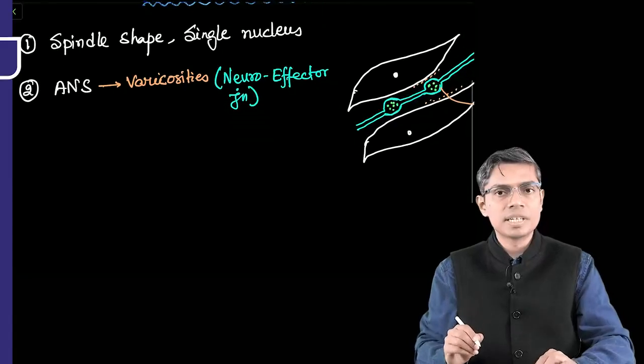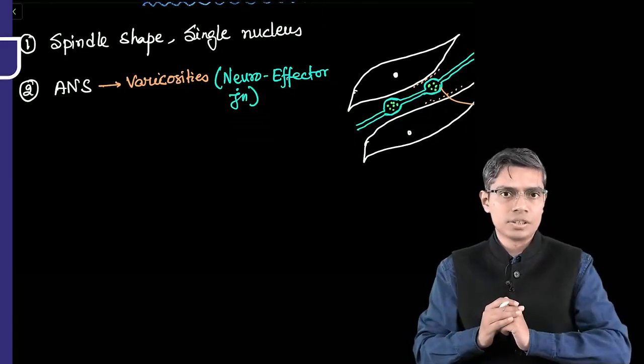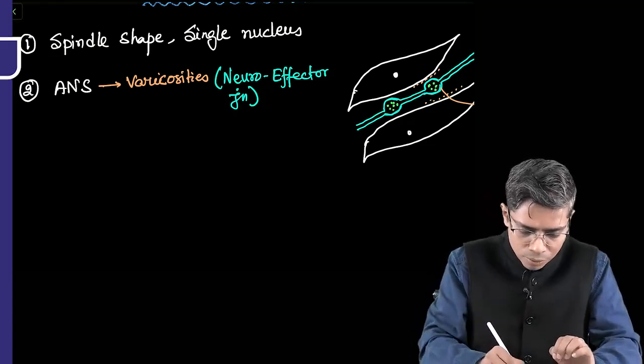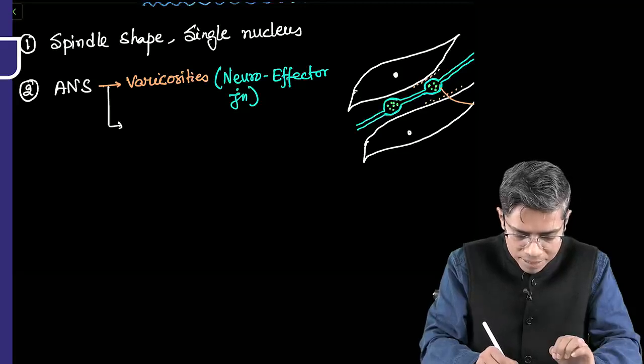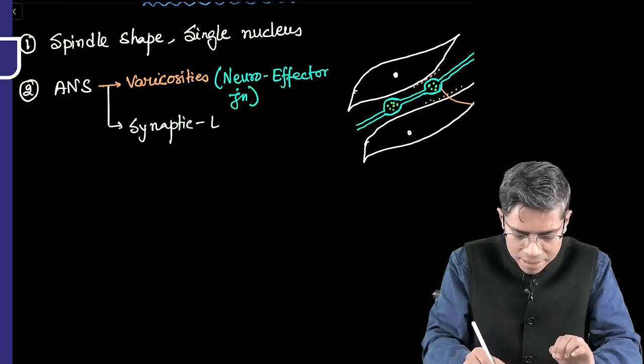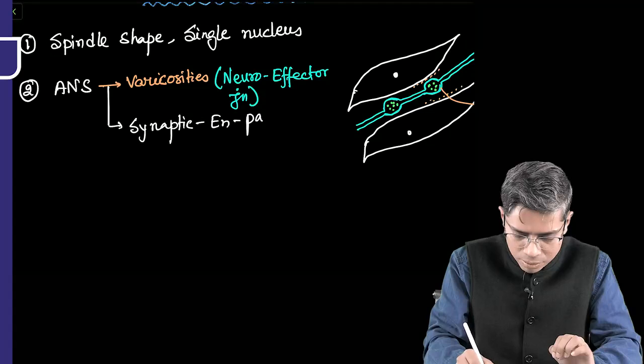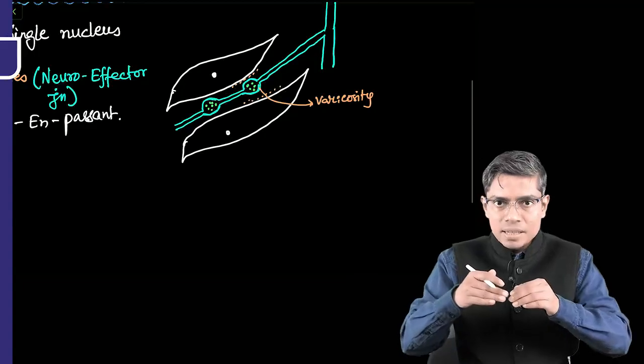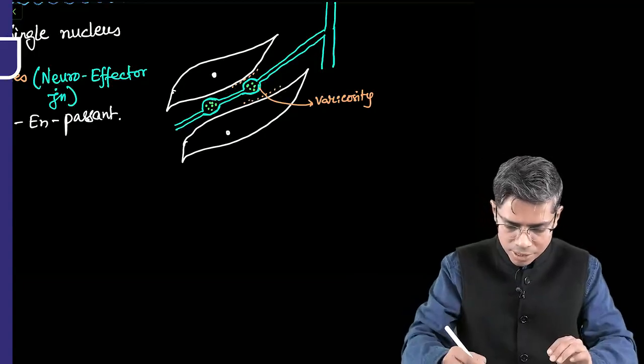So this is a new term given in Ganong, the neuroeffector junction. And this neuroeffector junction is sometimes known as synapse en passant. What is the meaning of that? Meaning, as if the nerve is passing through the muscle fiber, look at this.